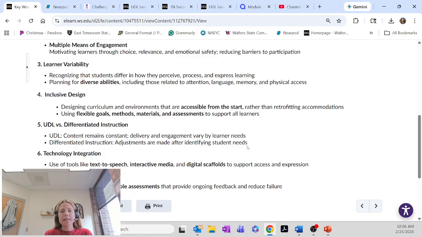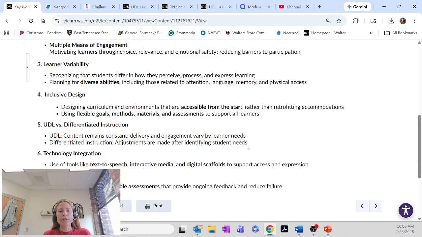Now, we said that you were going to learn the difference between UDL and differentiated instruction. When we're talking about UDL, remember, how you can decipher between the two is that UDL is always going to be a constant, right? You always think about how you're going to deliver the content and keep them engaged by thinking about all the diverse learners.